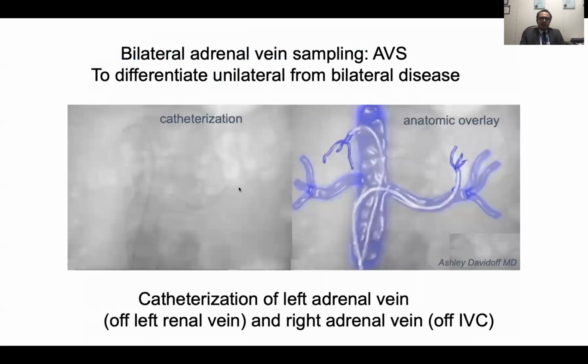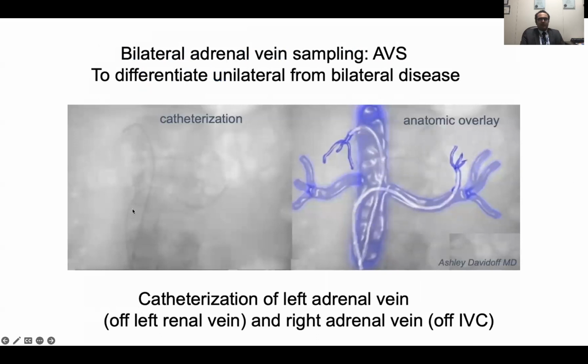This is just a diagram showing this catheter going from the femoral, and this is directly from the IVC at a 90-degree angle. It is angulated towards the right adrenal. The right adrenal is coming off directly from the IVC, and it is technically difficult to cannulate the right adrenal.